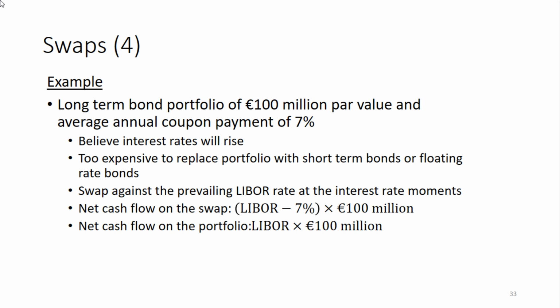Instead, I keep my portfolio as it is, but I add an agreement to swap the 7% that I receive on my existing portfolio against a LIBOR rate. I don't know what the LIBOR rates are going to be for the upcoming periods, but that's simply the bet that you enter into.